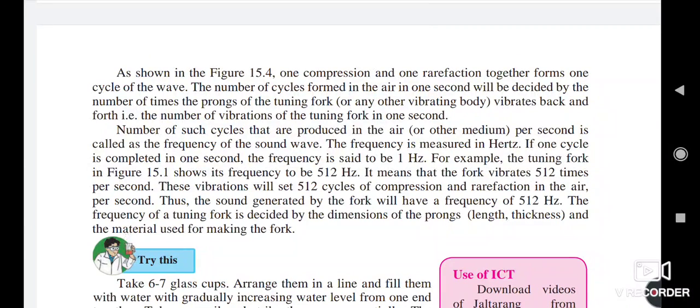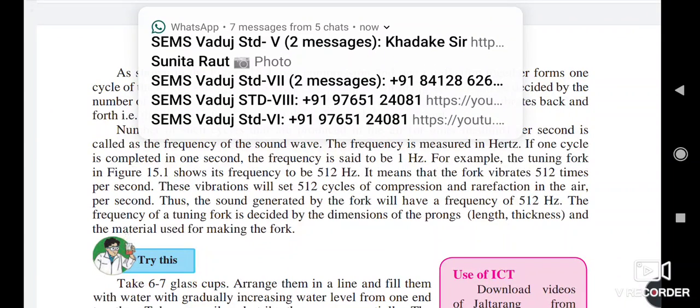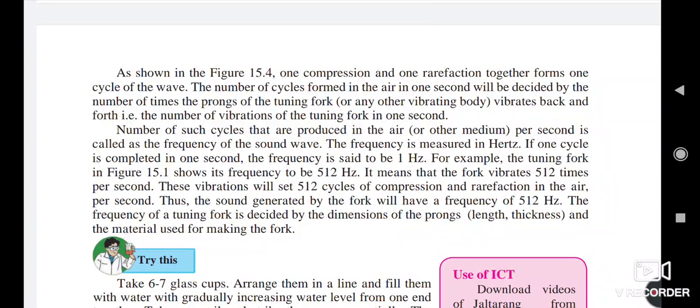The number of cycles formed in the air by one sound will be decided by the number of times the prongs of the tuning fork vibrate back and forth, the number of vibrations of the tuning fork in 1 second. The number of such cycles produced in the air per second is called the frequency of sound waves.